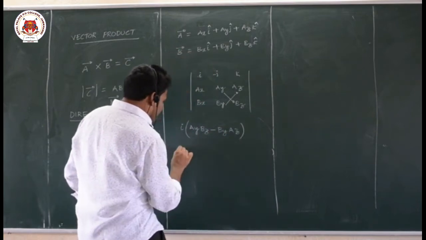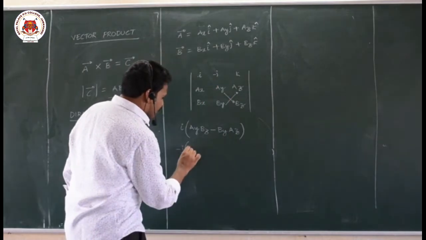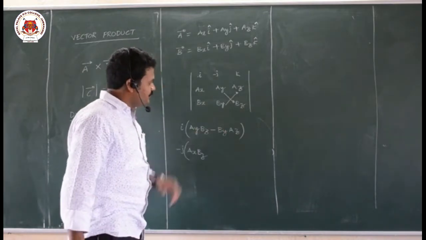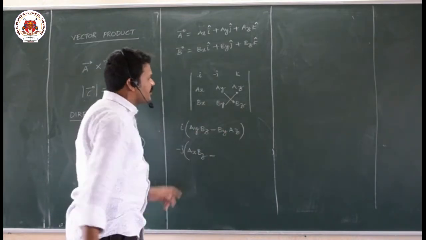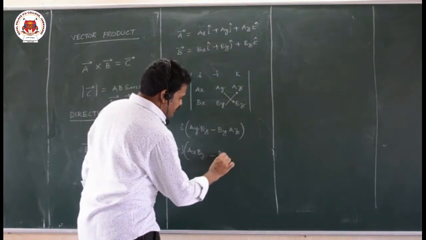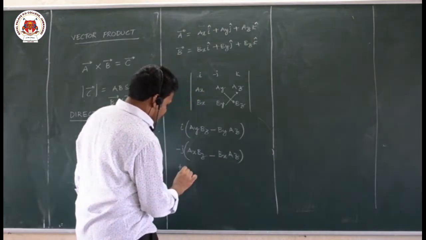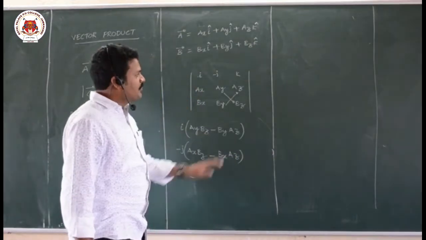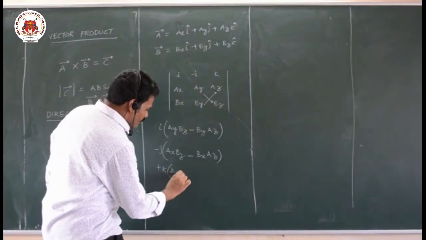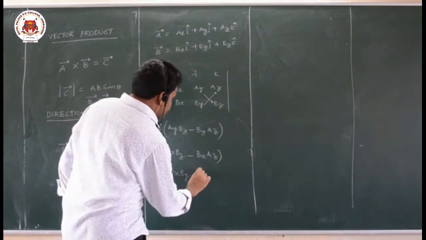Next, minus j into ax bz minus bx az, plus k into, closing k, ax by minus bx ay.